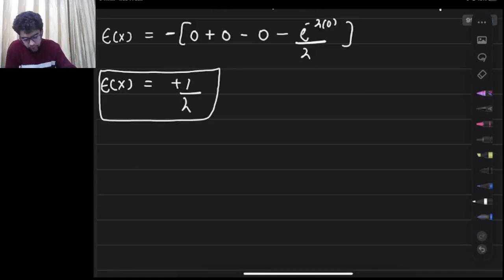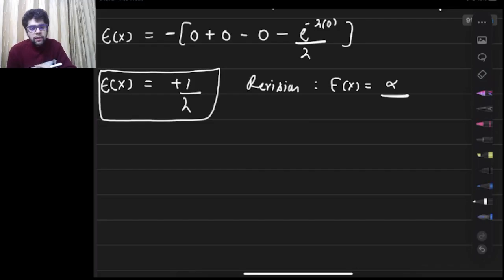So if I try to make you recall, in the video on gamma distributions we discussed that the mean in the gamma distribution, the expected value, is equal to the shape parameter divided by the rate parameter. Rate parameter is lambda in both of the cases, and alpha is the shape parameter.